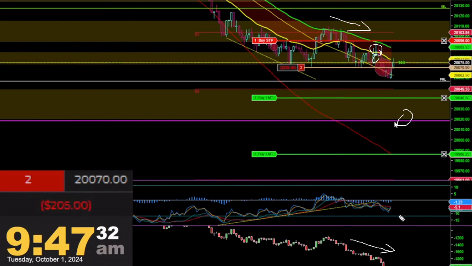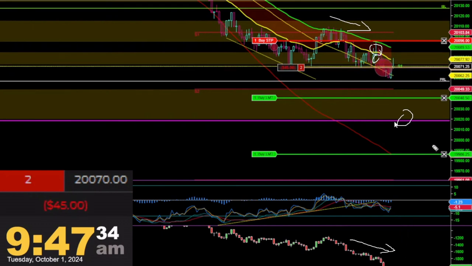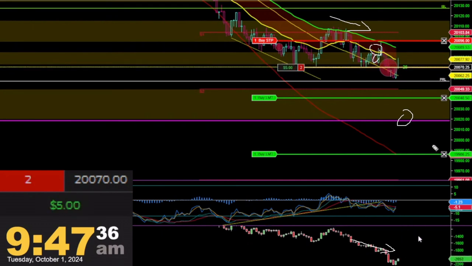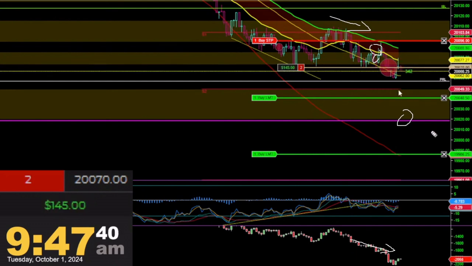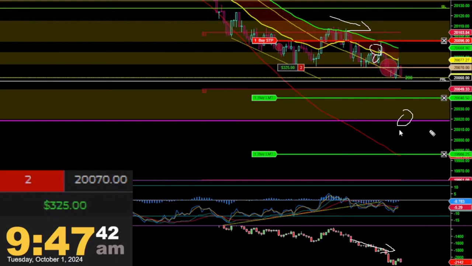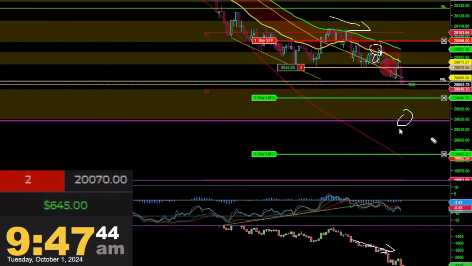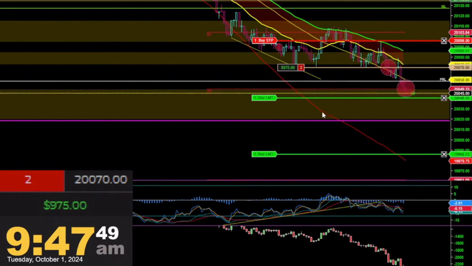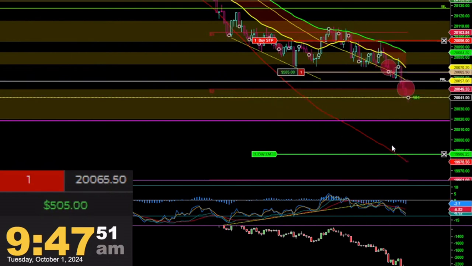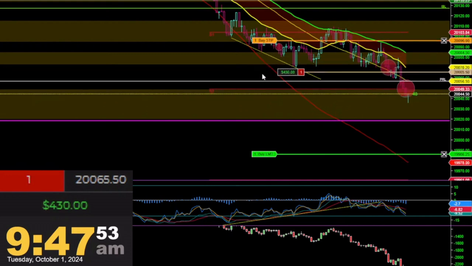This is my delta indicator. So right now I'm just watching, making sure there's no signal or anything that tells me to get out. Everything's still good. Took my first profit there.